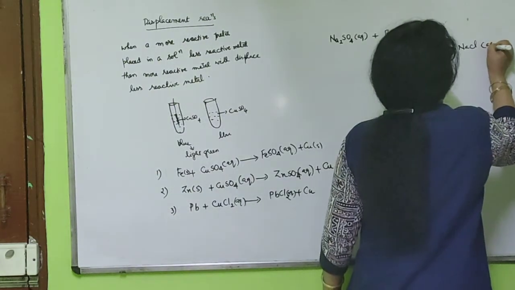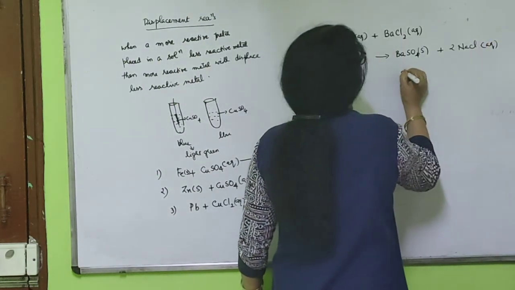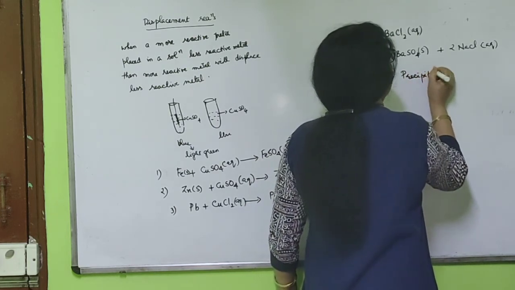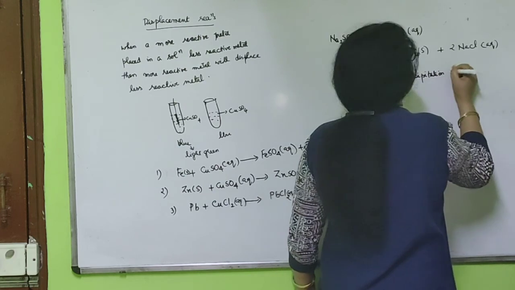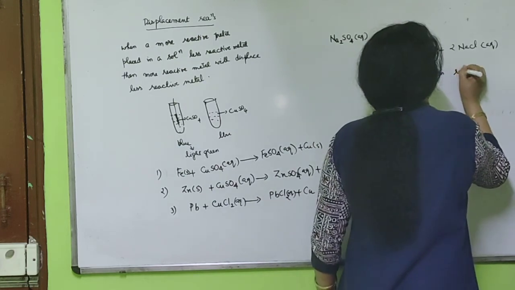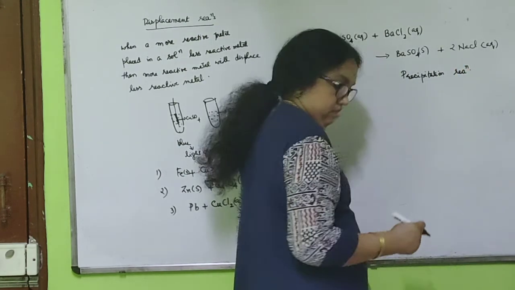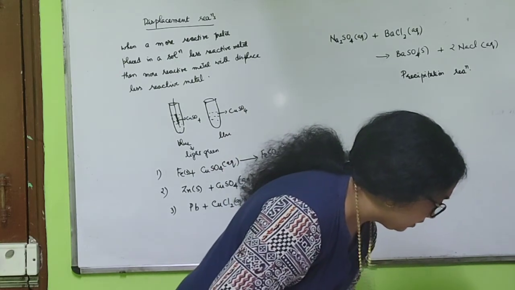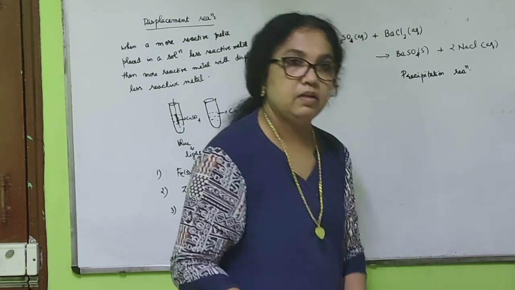This reaction is also called a precipitation reaction. Precipitation means an insoluble solid is formed. This is an example of double displacement reactions.